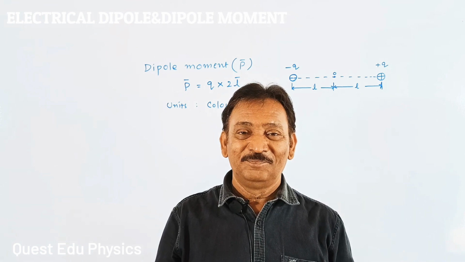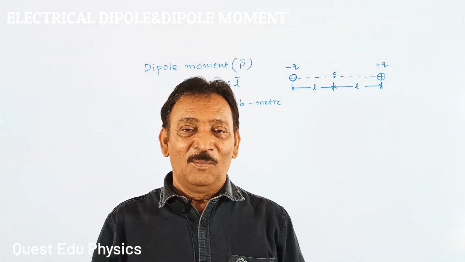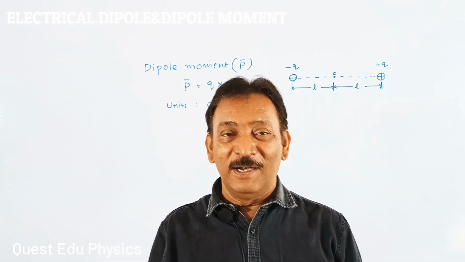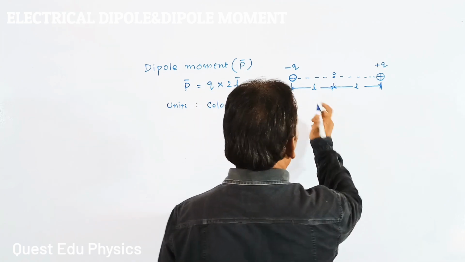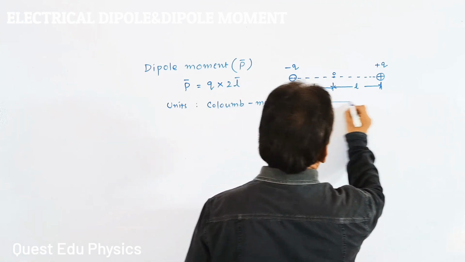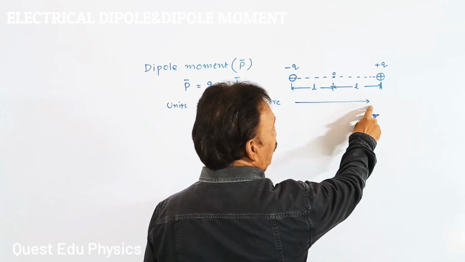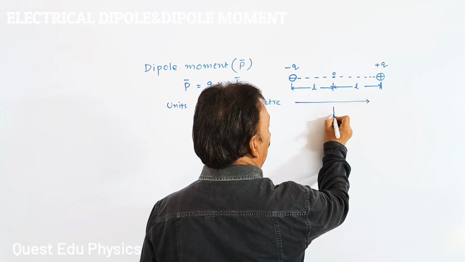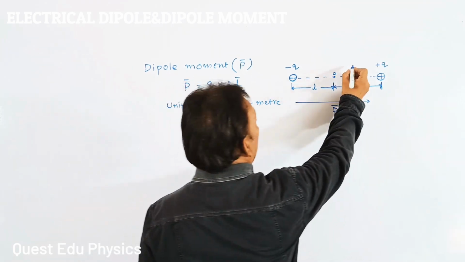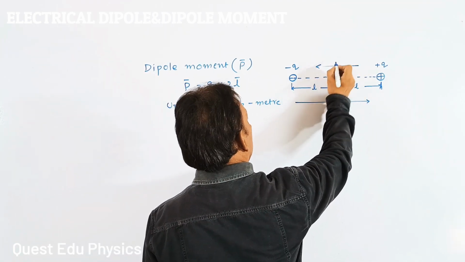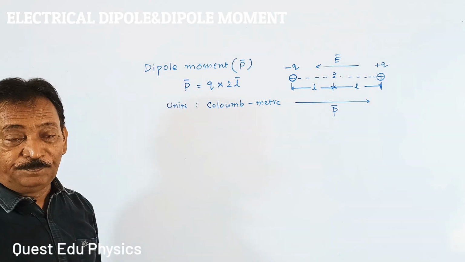Here in this case, dipole moment is the reversal of electric field intensity. I mean, the direction of the dipole moment is from negative to positive, students. See, from negative to positive is the direction of dipole moment, whereas electric field intensity is always from positive to negative.